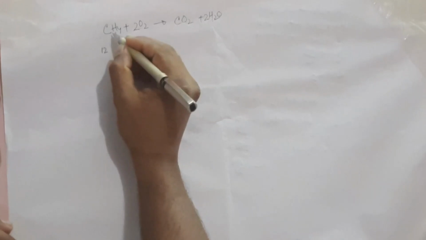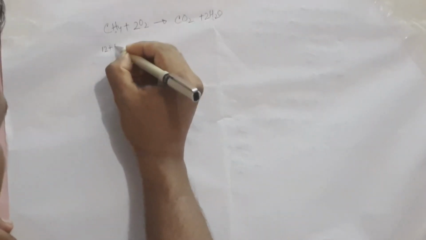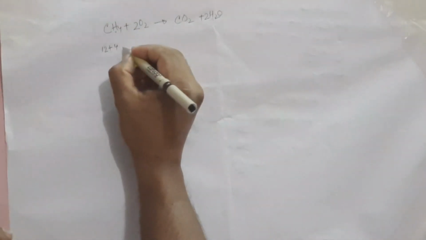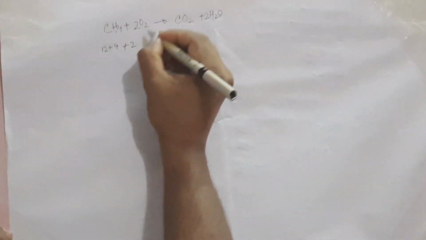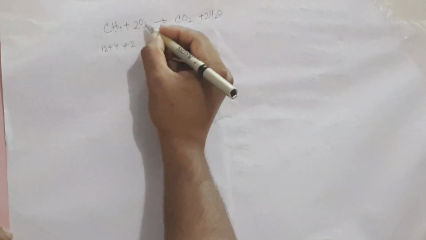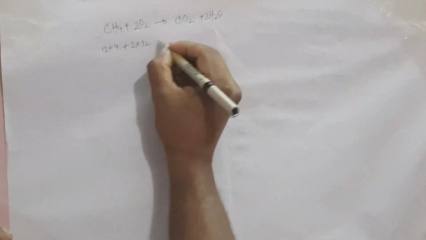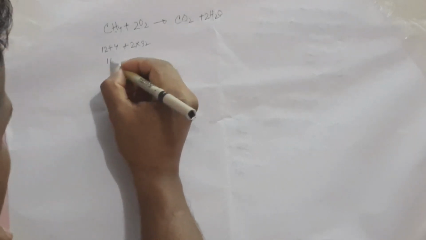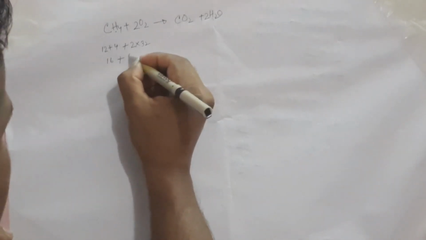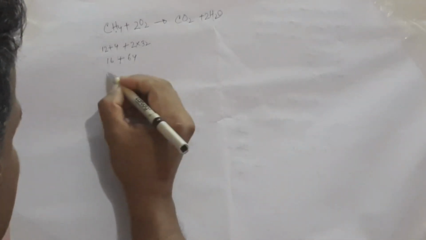Now I will calculate by molecular weight. Carbon atomic mass is 12 plus hydrogen 4, that means for 1 hydrogen it is 1, so for 4 hydrogen it is 4, so 16. Plus for oxygen 16, multiplied by 2 is 32, and 2 times 32 is 64.